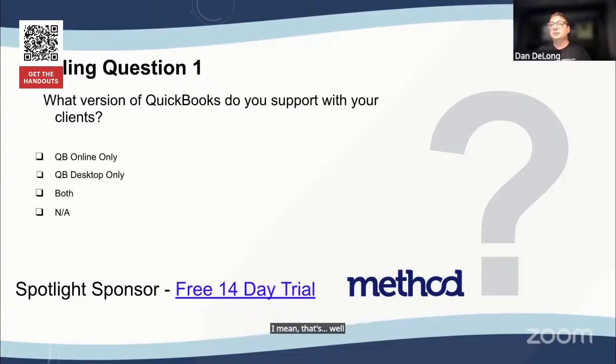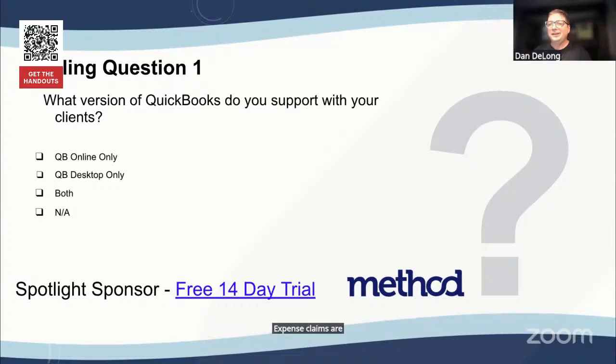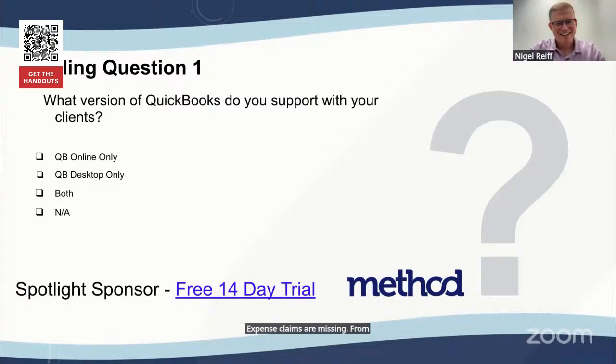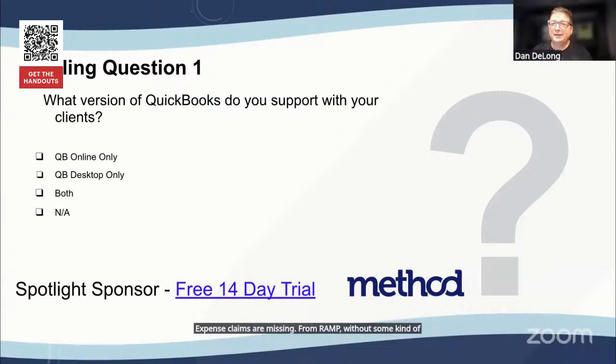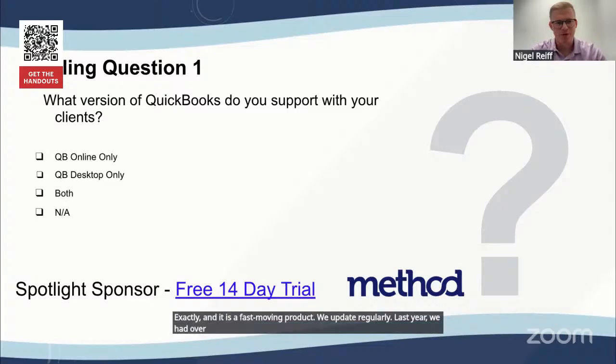Well, that's good to know that you won't just log in one day and find expense claims missing from Ramp without some kind of notification. Exactly. And it is a fast moving product. We update regularly. Last year, we had over 300 product releases and updates.